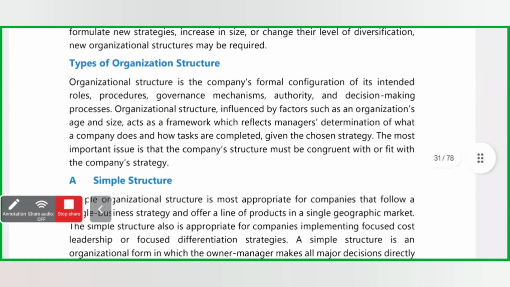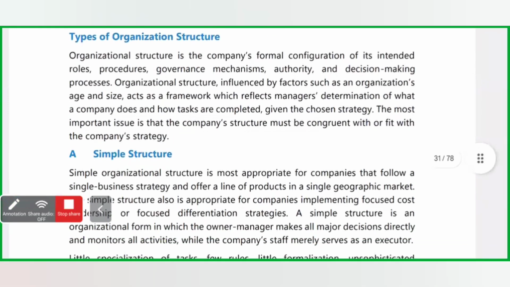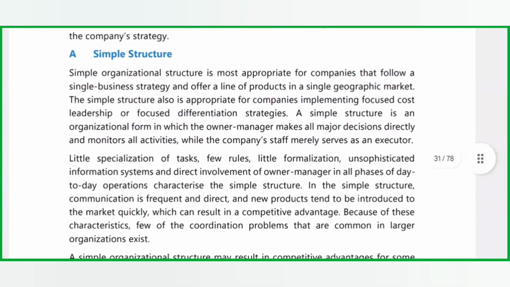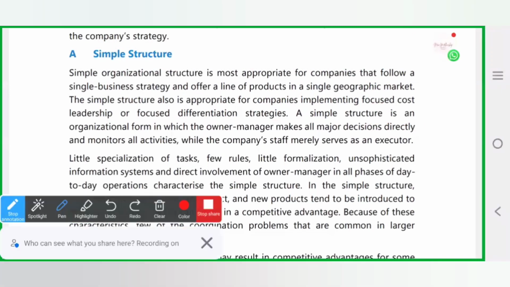Now we see types of organization structure here. So organization structure is very important, and it should be congruent, in line, or fit with company strategy. The first type of structure mentioned here is simple structure. Now what is simple structure? It is the most appropriate structure for a company that follows a single business strategy, which offers a single line of product in a single geographic market.